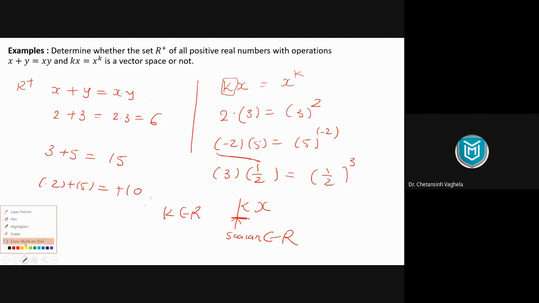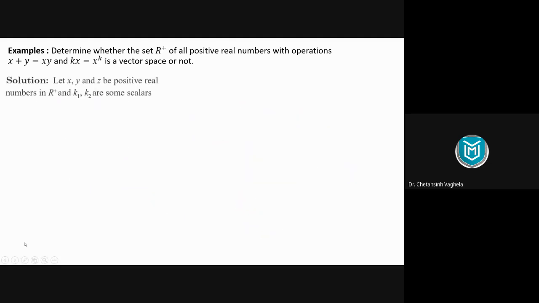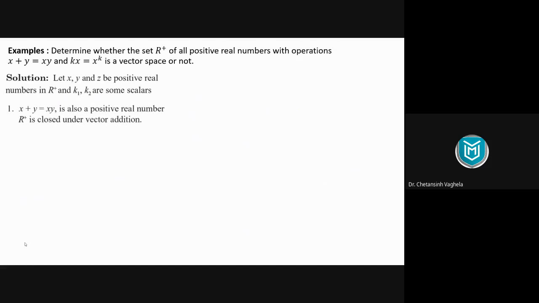Let's start with the first condition. Let x, y, and z be positive real numbers of R plus, and let k1 and k2 be some scalars. Now first condition, x plus y. x is part of R plus, so it is a positive real number, and so is y. If you multiply two positive real numbers, is your answer again positive?